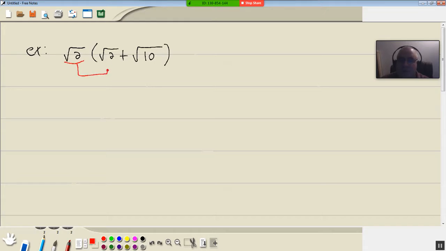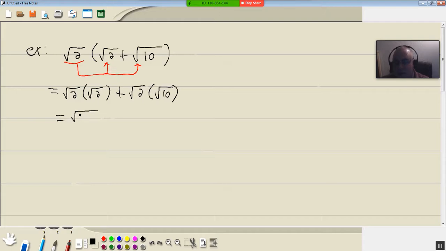We're going to take square root of 2 times square root of 2, and square root of 2 times square root of 10. Now remember, when multiplying radicals together, you multiply what's underneath them. So we're going to have square root of 2 times 2, and here we'll have square root of 2 times 10.